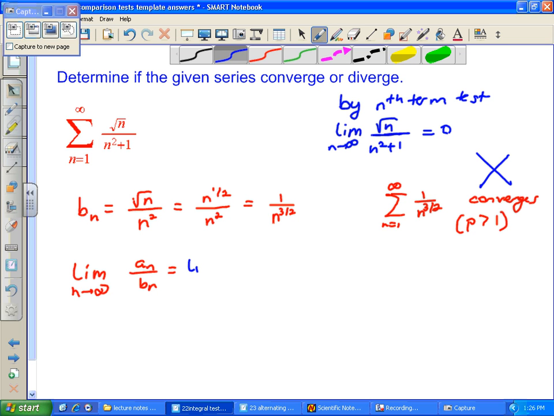So that is going to be the limit as n goes to infinity of, okay, a sub n is the given series. I'm writing it exactly as it is, divided by b sub n, but that's the same thing as multiplying it by its reciprocal. Let's simplify it a little bit.